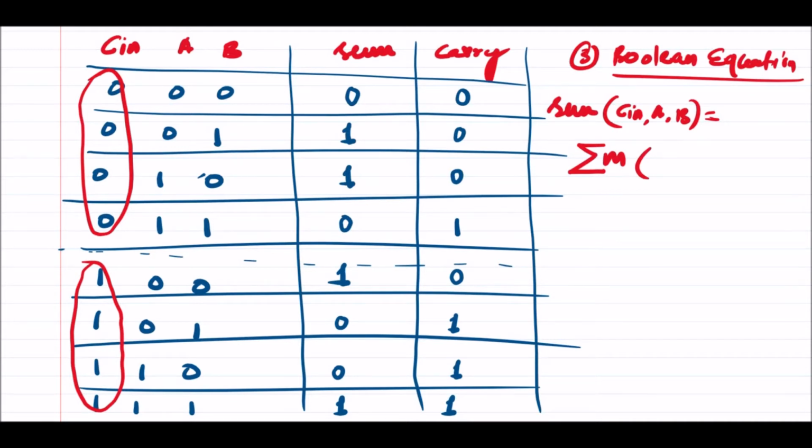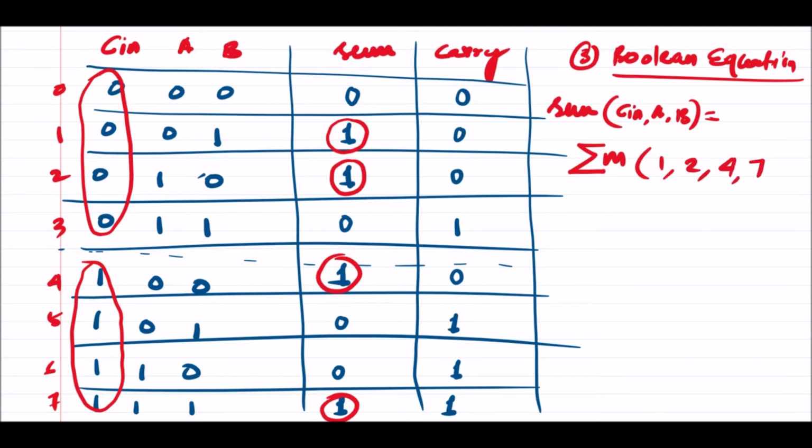The equivalent decimal values of all these combinations are 0, 1, 2, 3, 4, 5, 6 and 7. So we can see that sum is equal to 1 in this position, this one, and this one. So the positions are 1, then 2, then 4, then 7. So this is the minterm Boolean equation for sum.